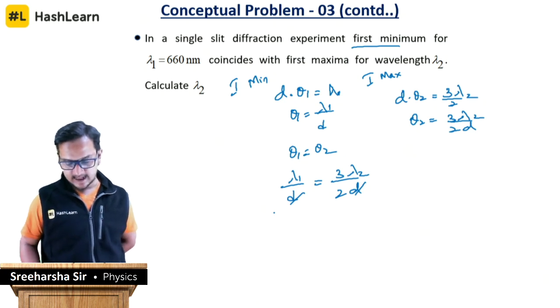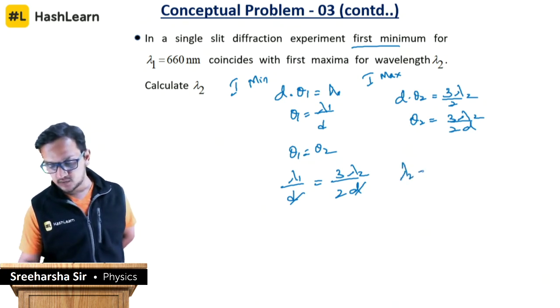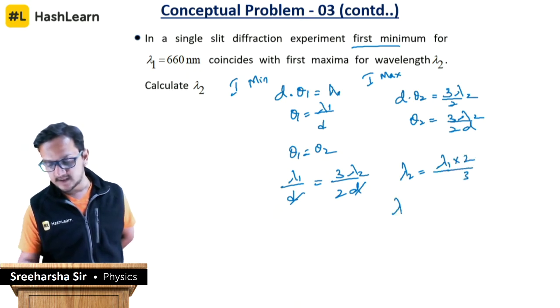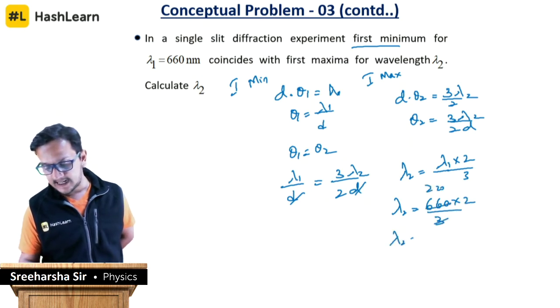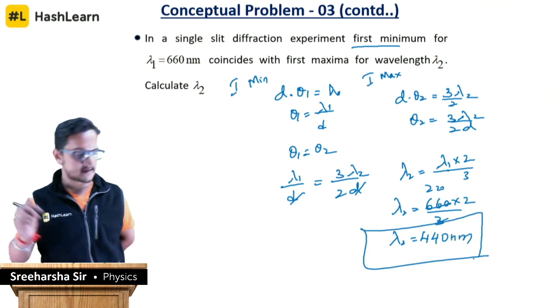So from this you will have lambda 2 equals lambda 1 into 2 by 3, which is equal to 660 into 2 divided by 3, which is equal to 220, or lambda 2 equals 440 nanometers.